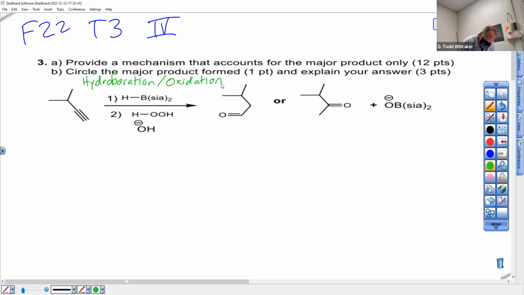And you better do hydroboration first, where the pi attacks the less electronegative B. H takes its electrons and goes to the more substituted carbon. You're making both bonds at the same time, so it's syn, with a new H here and a new B here.